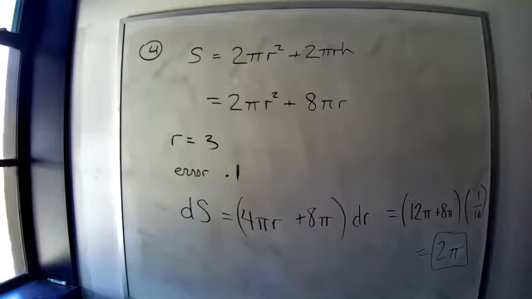I'm okay with just taking the positive because if you're actually thinking about the error, you can think, well, it goes 2 pi above, 2 pi below. That answer's fine with me. Any questions about number 4?